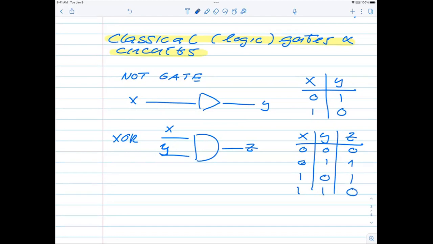And now you see that this is an operation which is not reversible, in the sense that if I know the output 0 here, I don't know whether I was in a state with x and y equal to 0, 0, or 1, 1. Similarly, if I have output 1, I don't know whether x was 0 or 1. So this is an example of what we might call an irreversible and non-invertible operation.